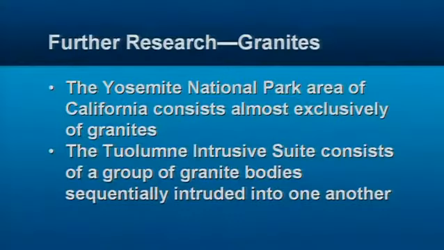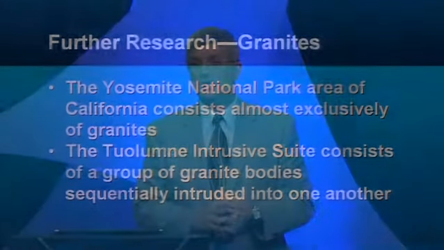Let's go to the Yosemite National Park quickly. That area, of course, is almost exclusively granites, and in the centre of the park, in the most accessible areas, is a group of granite bodies called the Tuolumne Intrusive Suite. Some of you may have heard of the Tuolumne Meadows, the high country. Well, that's where the name comes from.